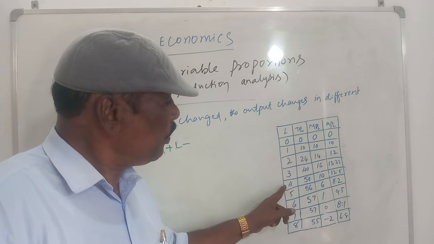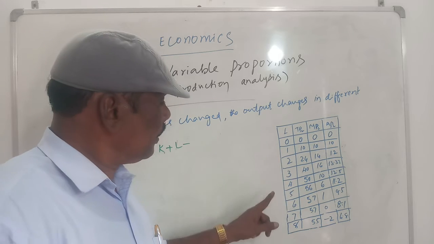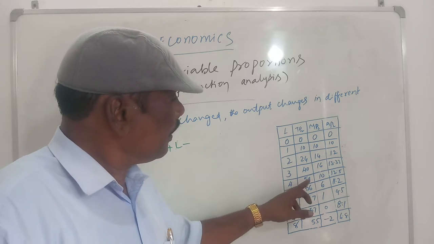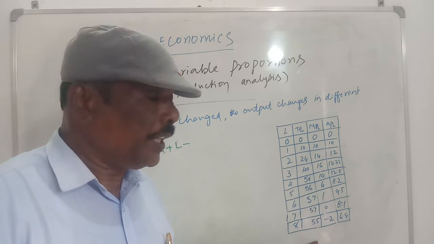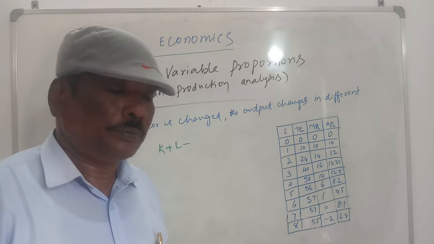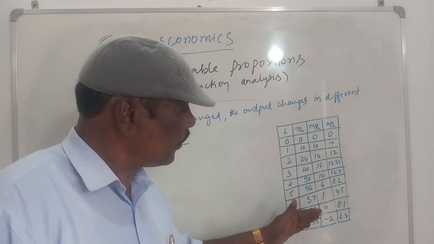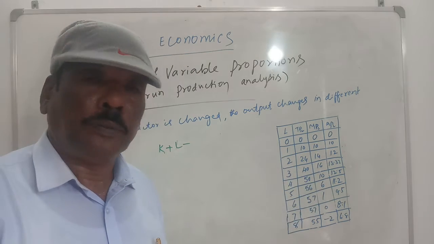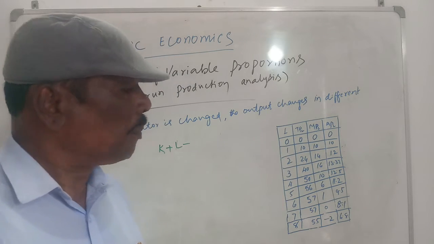But when we move to the fourth unit of factor, the marginal product is reduced from 16 to 10. Again from 10 to 6.